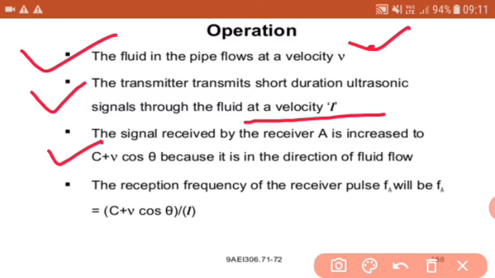The reception frequency of the received pulse fA is equal to (c plus v cos theta) upon l.